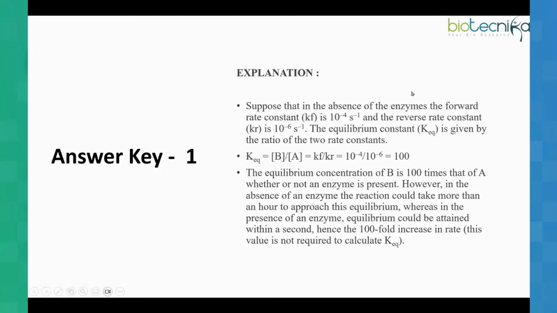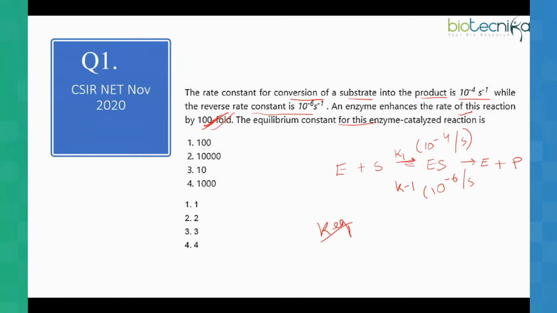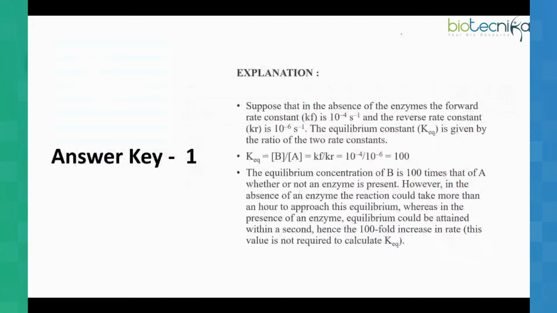See, whenever we consider any enzymatic reaction, like this is itself an enzymatic reaction, let's say E plus S, through this it gives you product. So whenever we say equilibrium, overall these are the reactants and overall these are the products. So whenever we say K equilibrium, it means the product concentration at equilibrium divided by reactant concentration at equilibrium. This is generally what we mean.